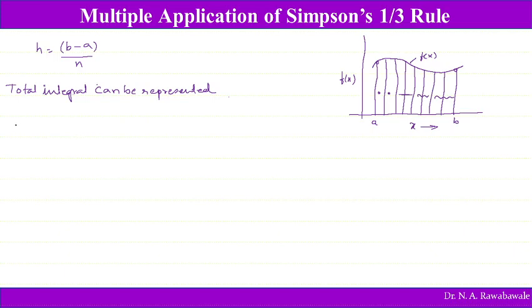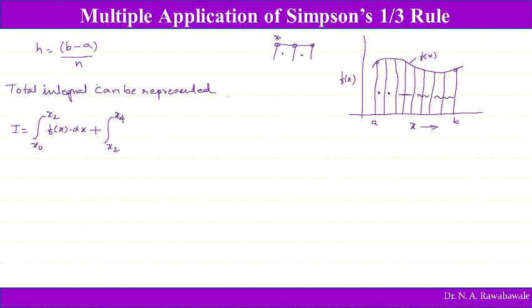So the total integral can be represented as I is equal to the integration from x0 to x2 of f of x dx, and again the second segment, the integral from x2 to x4, that is x2, x3, x4: 3 points or 2 segments. 3 points or 2 segments means, for example, this distance is divided into 2 parts, known as 2 segments, but we consider 3 points, 1, 2, 3.